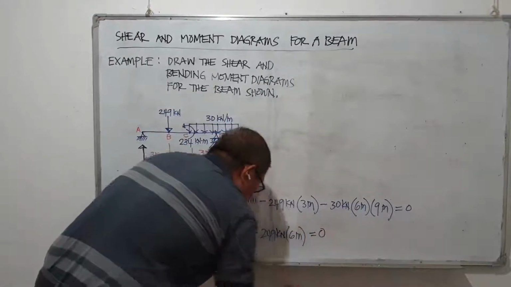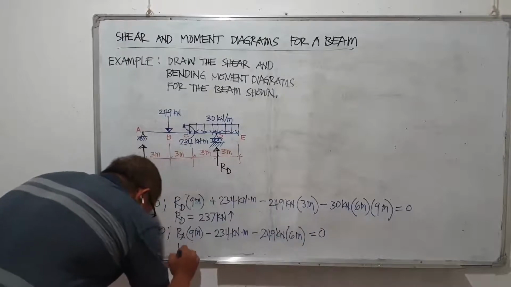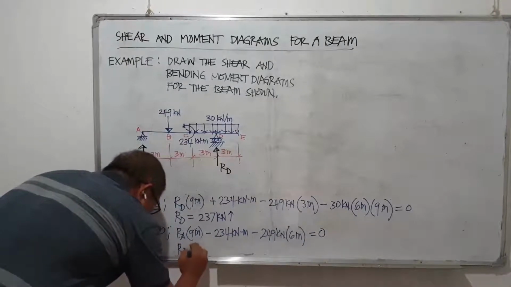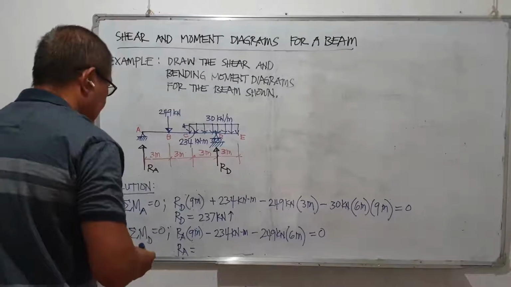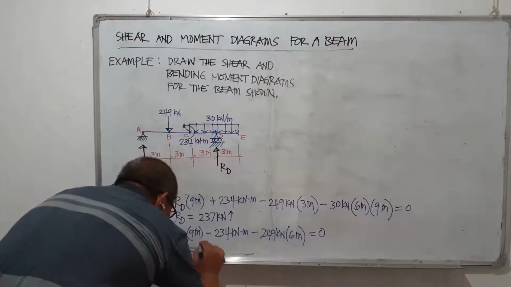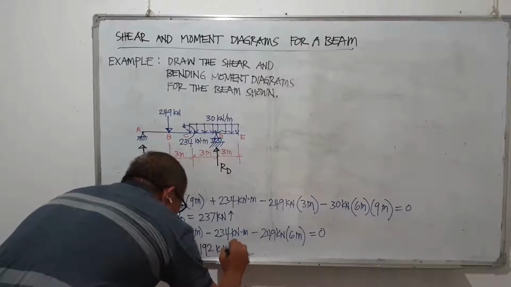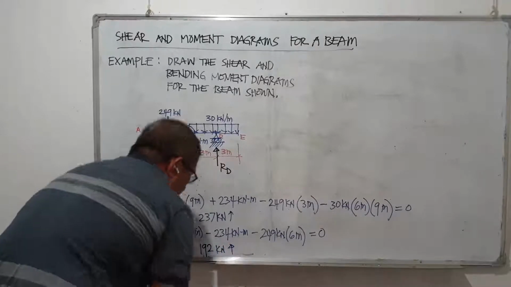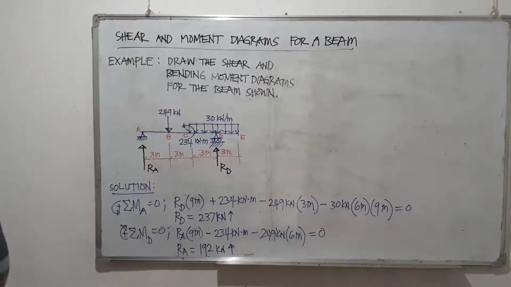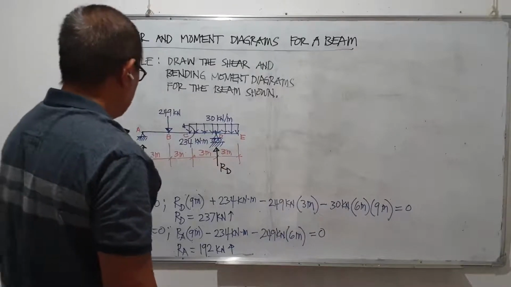So this will be equal to 0, and R sub A is 192 kilonewtons.